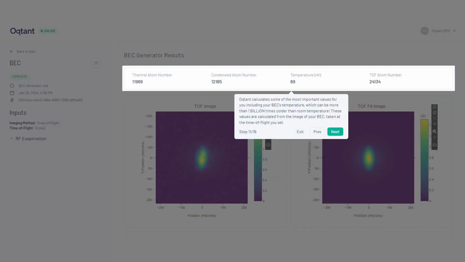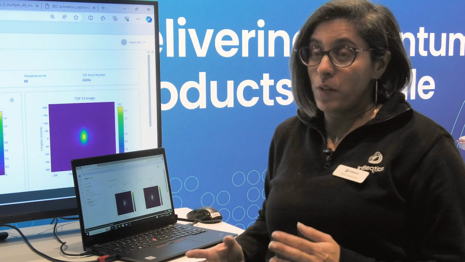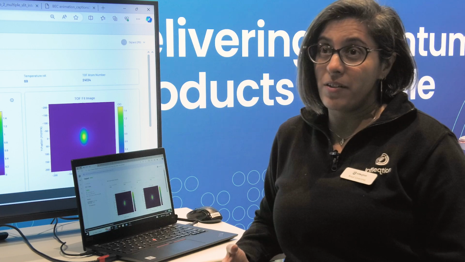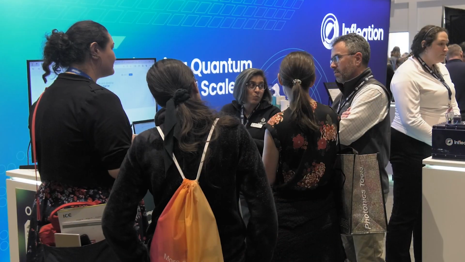We also provide a count of the number of ultra-cold atoms or condensed atoms in the condensate, and the temperature. The temperature of this condensate was 69 nanokelvin above absolute zero. So we're talking about a billionth above absolute zero at that time. We have just recreated the 2001 Nobel Prize experiment in creating a Bose-Einstein condensate.